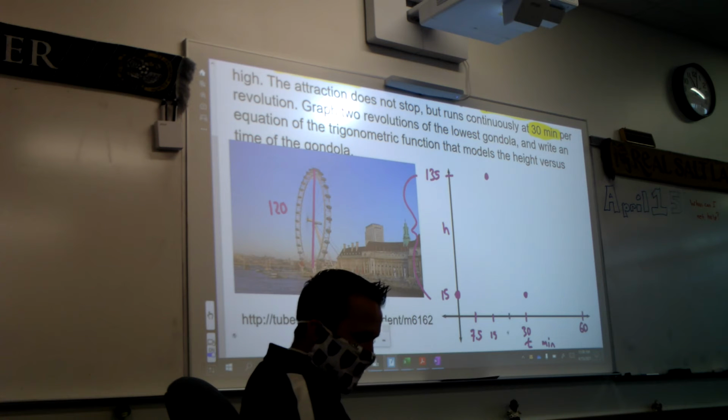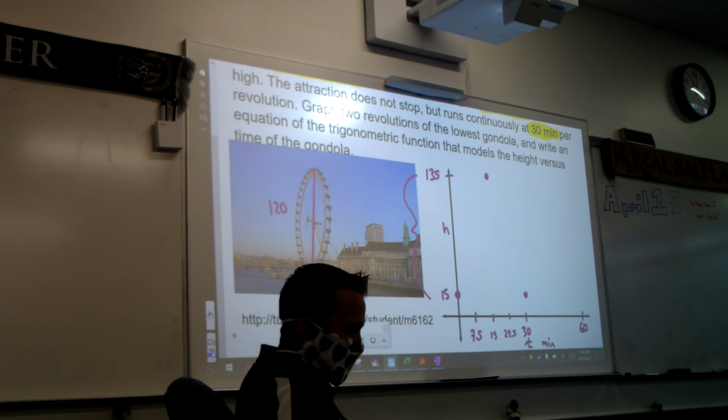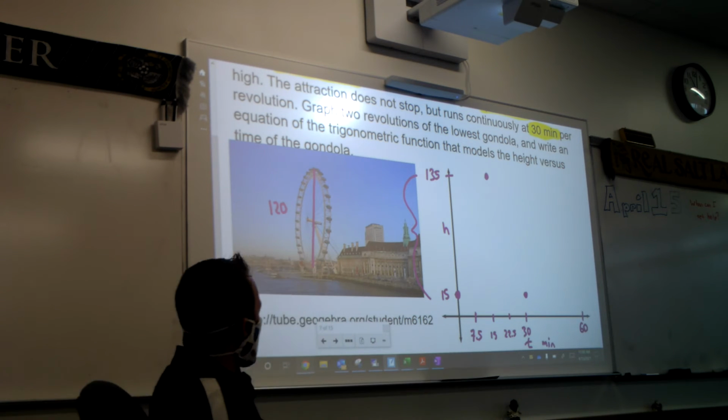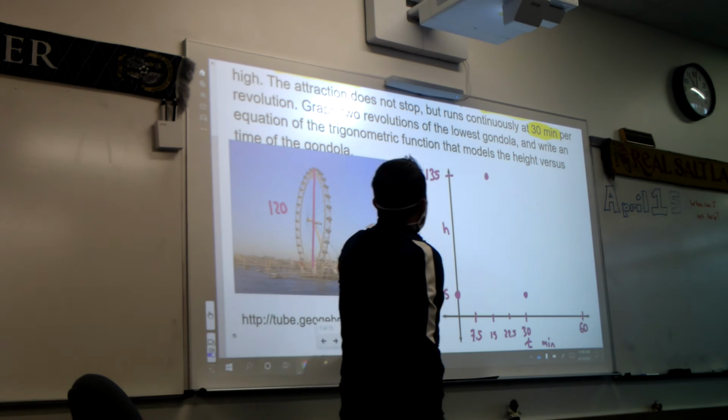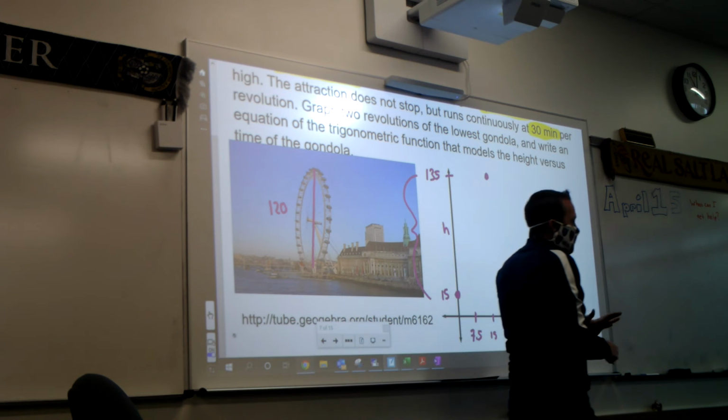Okay, now, I don't want you to shout this out, but I want you to work with your neighbor on this. What is the height if I'm halfway? Talk to your neighbor, and I want you to figure out what the midline here is going to be. Halfway between those, okay? Go.